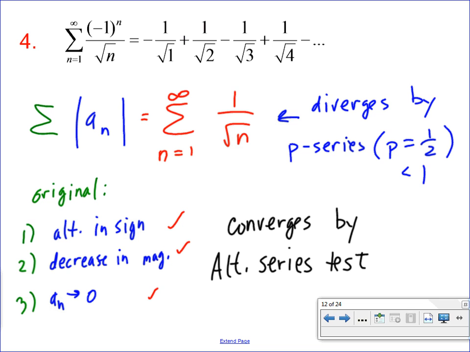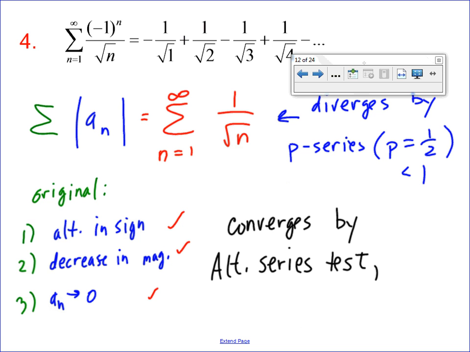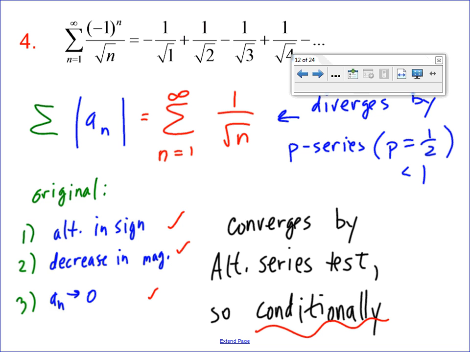It does not converge absolutely. Conditionally. Awesome.